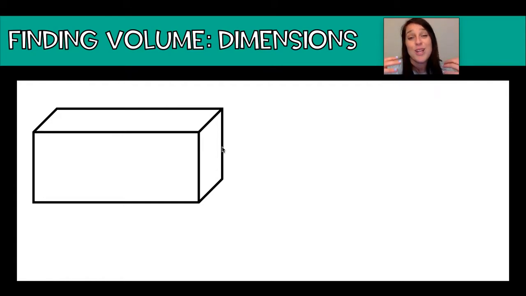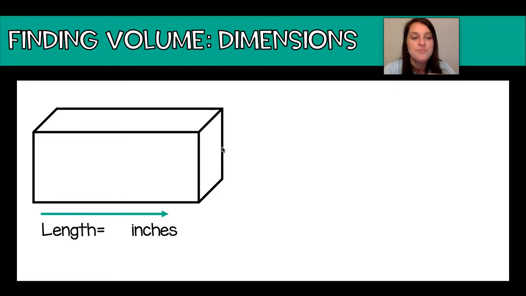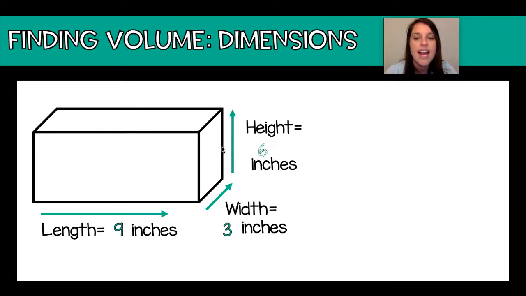So the easiest way to do that is to take the length, and this time, instead of units, we're using an actual unit of measure, inches. Our length is 9 inches. Our width is 3 inches. And our height is 6 inches. So we're going to multiply 9 by 3 by 6.